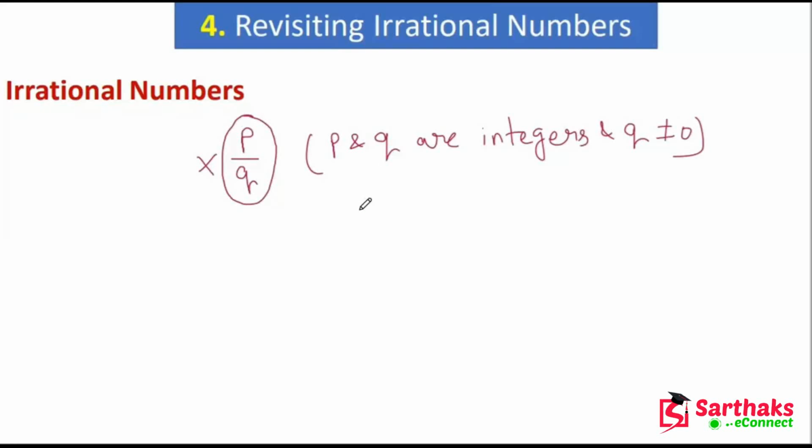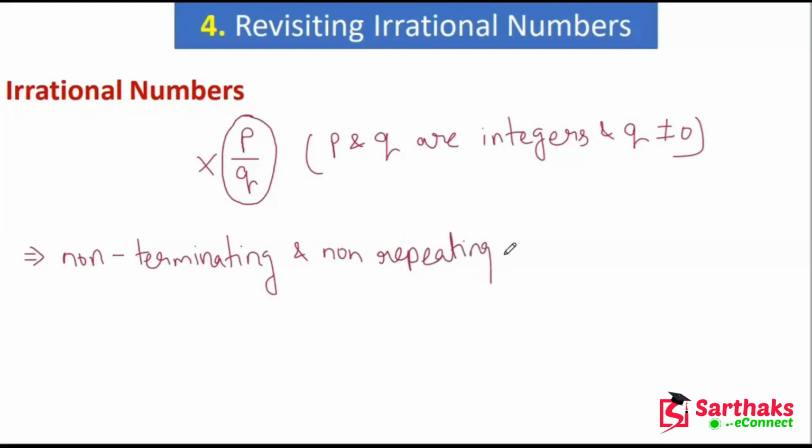And another definition is that if a number is non-terminating and non-repeating, it is also called an irrational number.